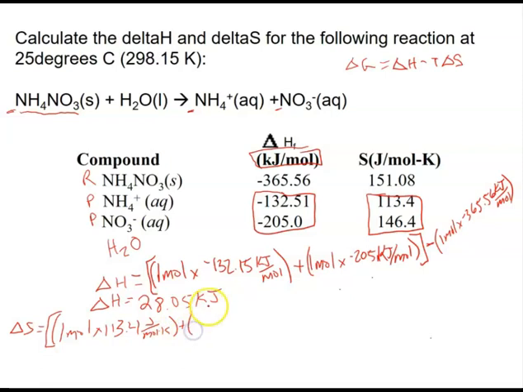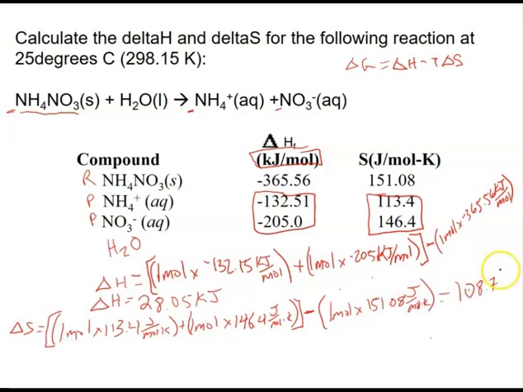We're going to add to that the 1 mole, 0.4 joules per mole Kelvin. And we're going to subtract that, right? We're getting the difference. It's the delta value of the 1 mole, 151.08 joules per mole Kelvin, which should then equal 108 joules per Kelvin.